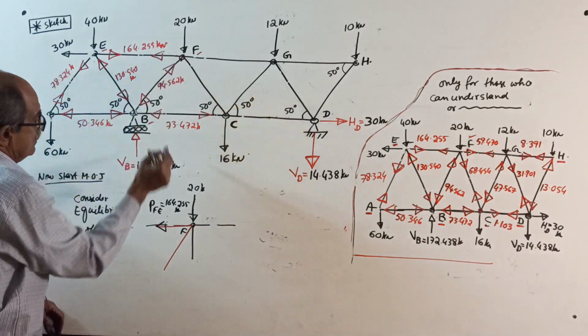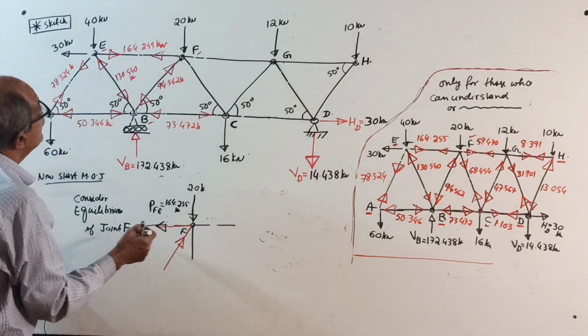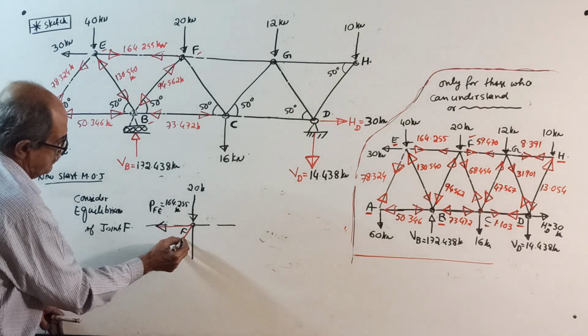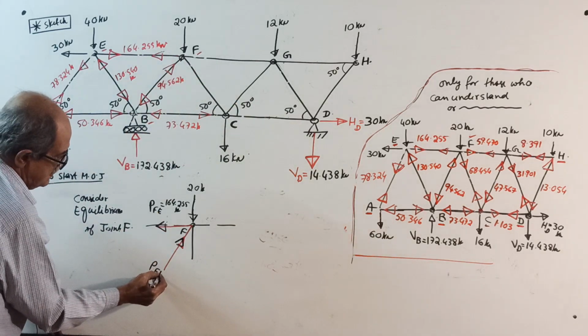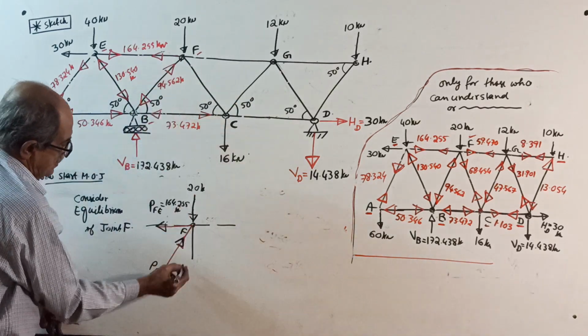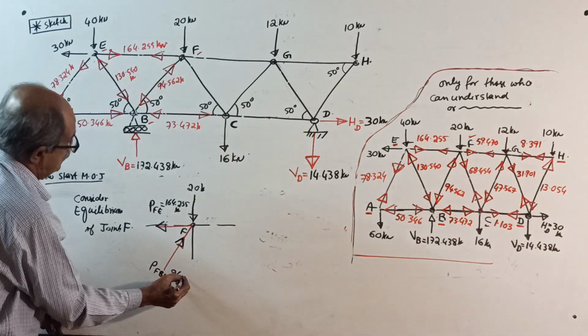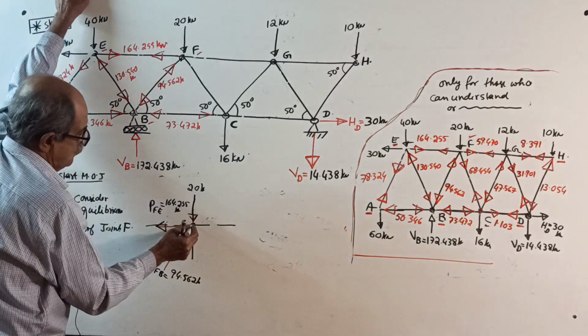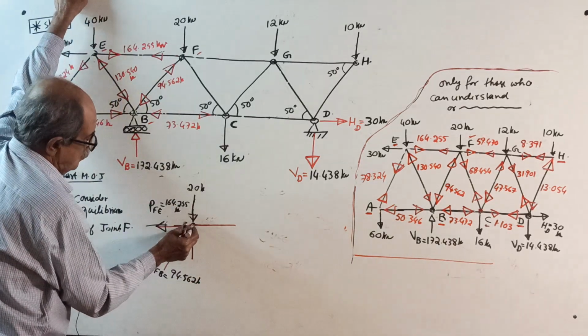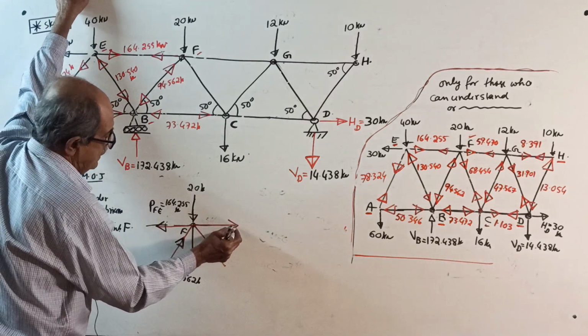And one more force coming this way, coming to the joint. But now it is black color. PFB equal to 94.562 kilonewton. Then one unknown force this way, one more unknown force this way. I will take both outgoing.